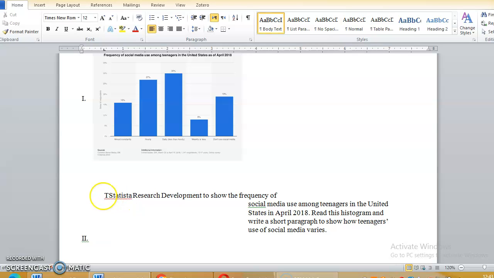This bar graph is taken from Statistics Research Development to show the frequency of social media use among teenagers in the United States in April 2018. Read this histogram and write a short paragraph to show how teenagers' use of social media varies.